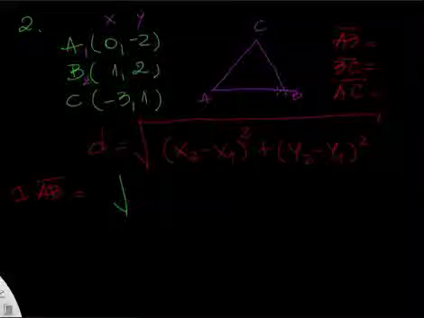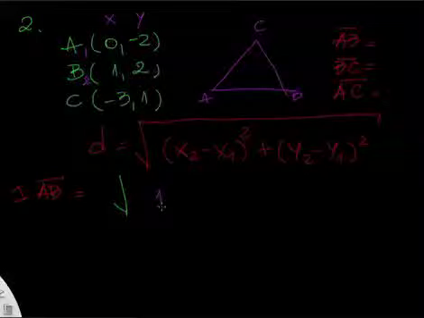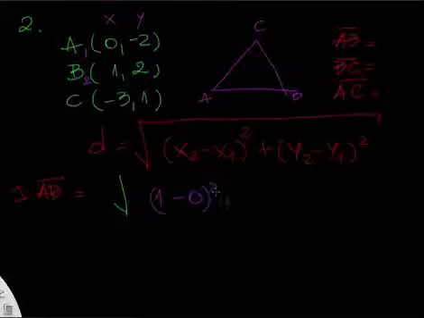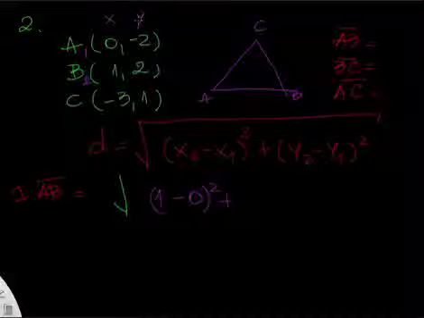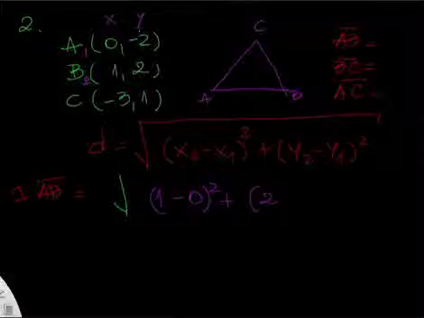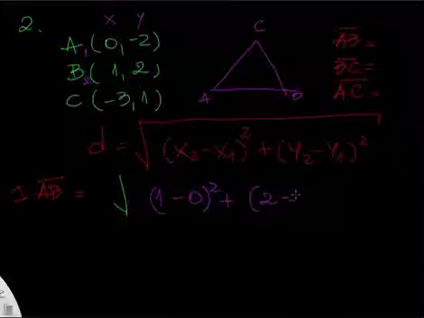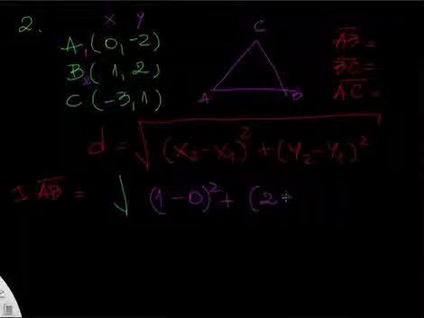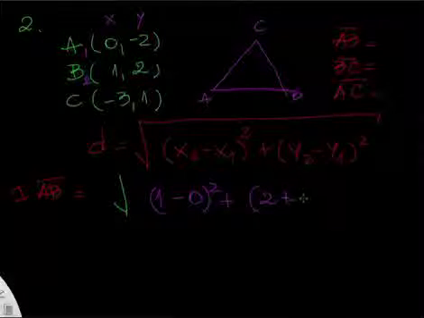So my x2 should be equal to 1 minus my x1, that is 0, all that squared, plus my y2, that's 2, minus my y1. Here I'm going to skip a step, actually I should have minus negative 2, and I know the rule of the sign that minus becomes positive, it's the addition.